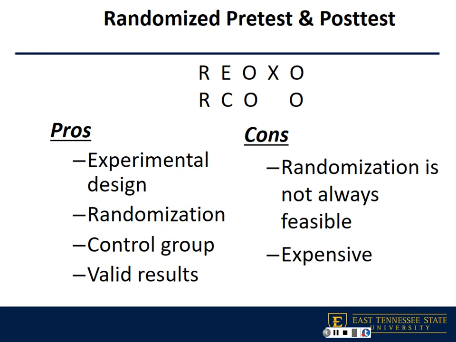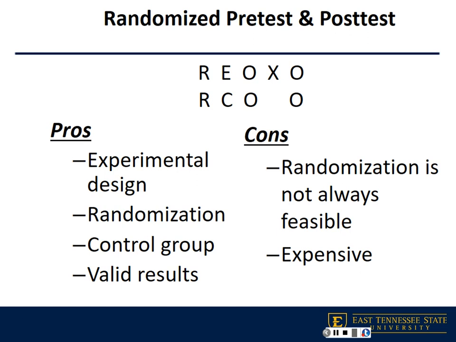Okay? And if we see that, let's say at baseline O1, O2 were 60, both groups scored 60 on the baseline test. Then the experimental group scored 90 on average. The control group scored 80 on average.